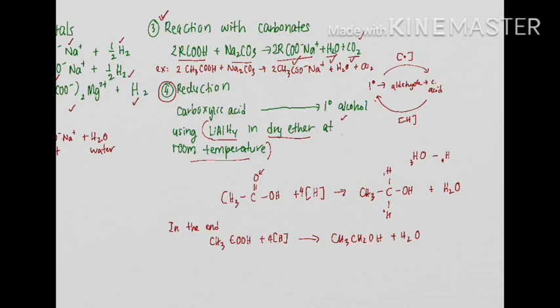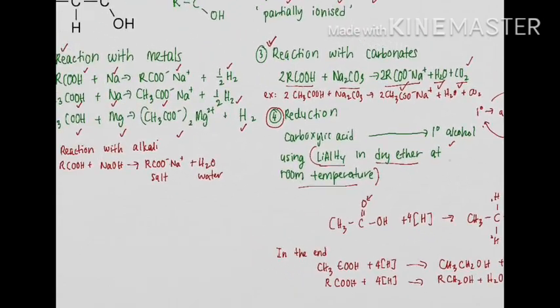In the form of RCOOH plus 4H, you get RCH2OH plus H2O. That's it. I hope you understand this. These are all the reactions involving carboxylic acid.